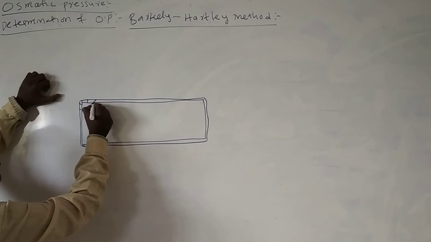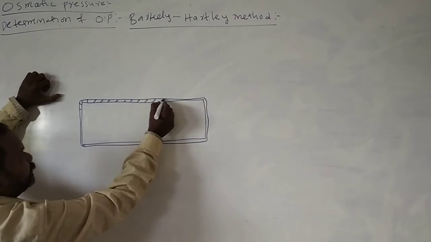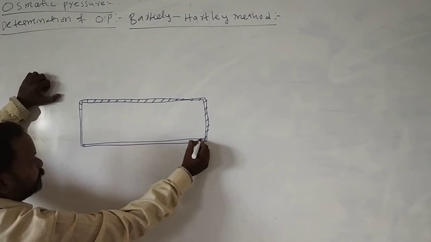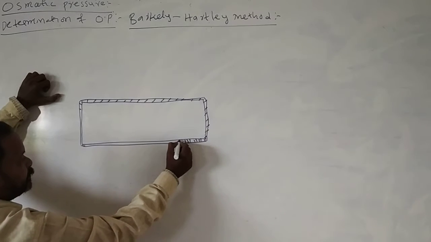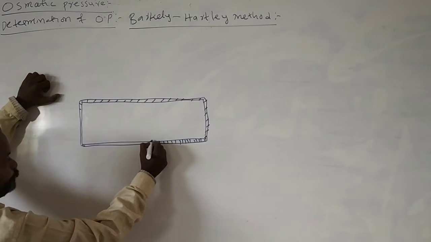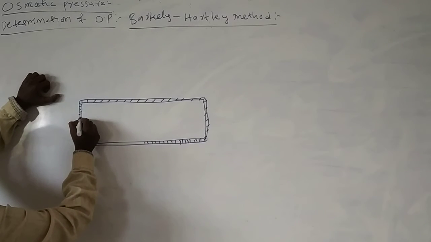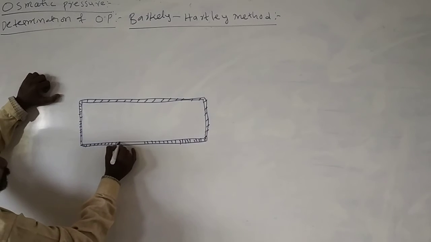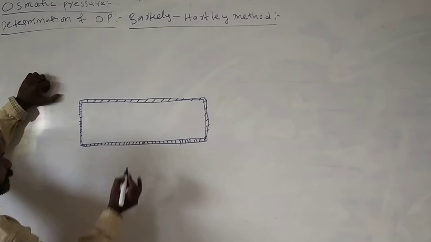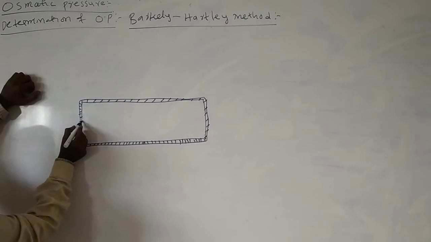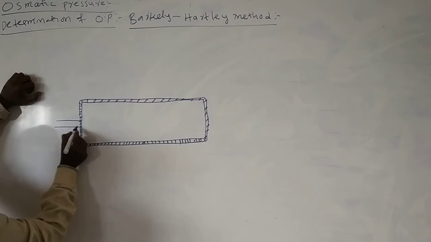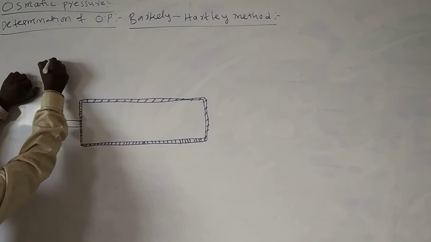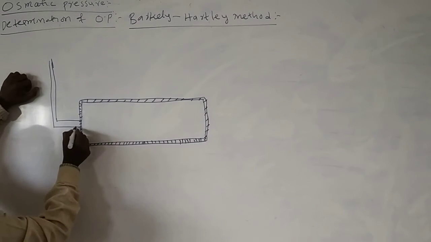This is the semi-permeable membrane, which contains pores. On this side we will arrange one capillary tube. This is the capillary tube.